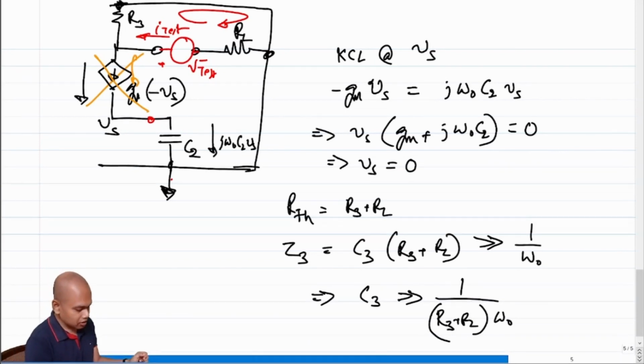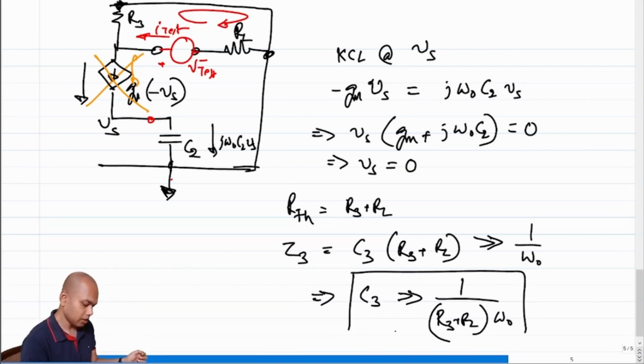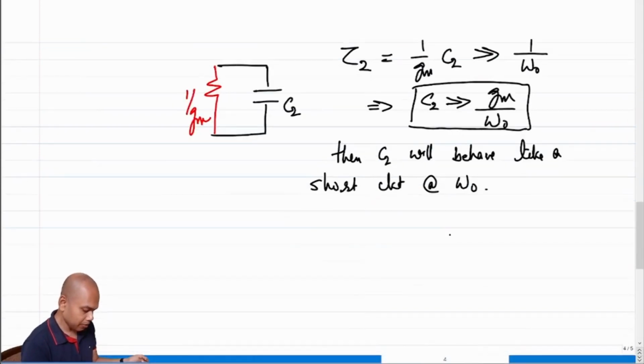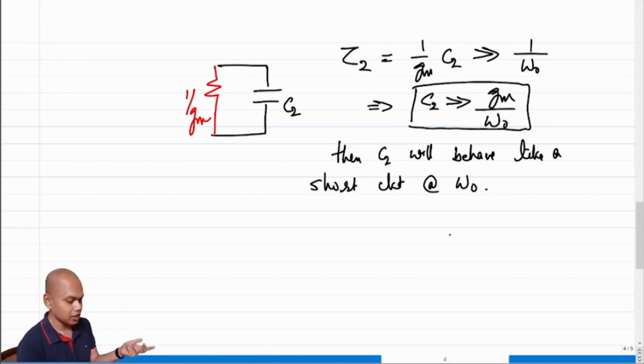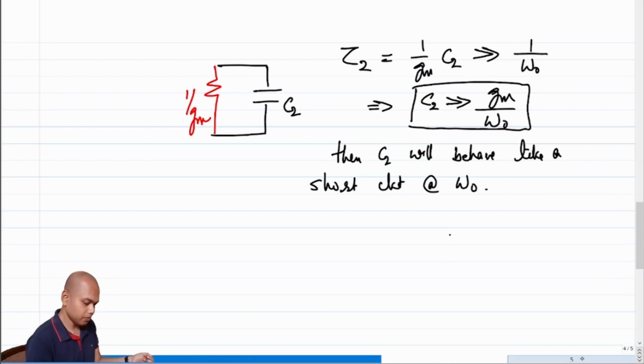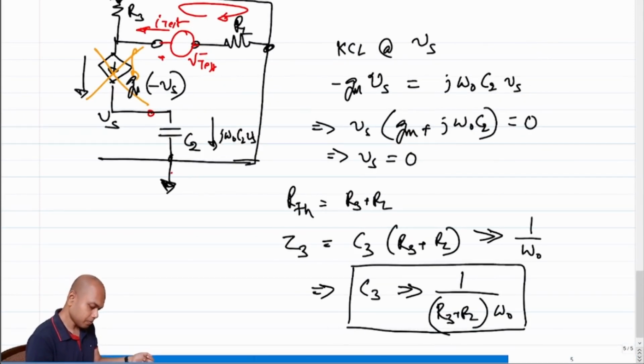Note that this constant hasn't changed from the original common source amplifier that we initially envisaged. However, the important addition here is that we have an additional constraint, because we have an additional capacitor C2.